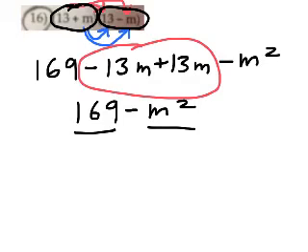The difference is a subtraction between the two squares, and the first one is positive, and the second one has a positive aspect and a negative aspect. So this is what they become, but you don't have to remember that special rule. You can just multiply it out. It takes just a couple seconds longer. Either way, you're going to get 169 minus m squared.